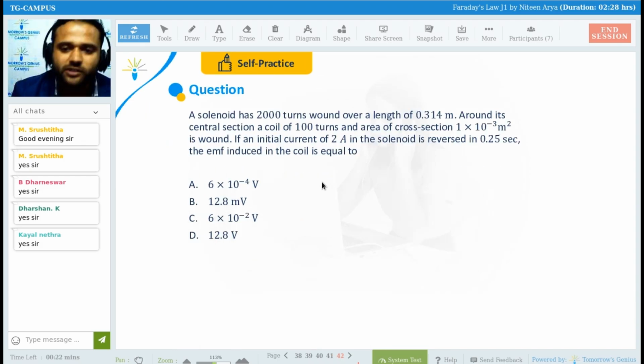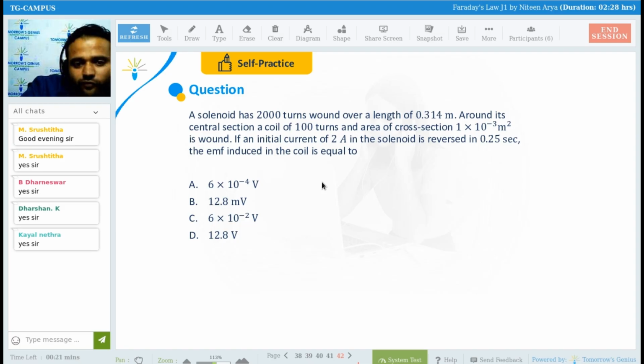A solenoid has this many turns over a length of this. Around its central section of coil, this many turns. Area this much. Initial current of 2 ampere in the solenoid is reversed. EMF you need to find, that's the main thing. Everything is given.